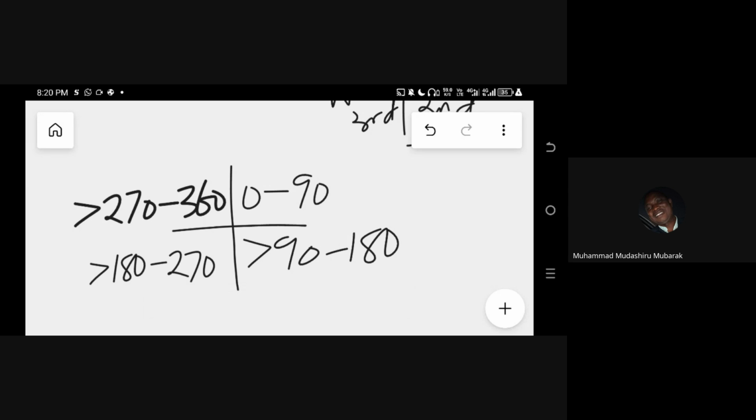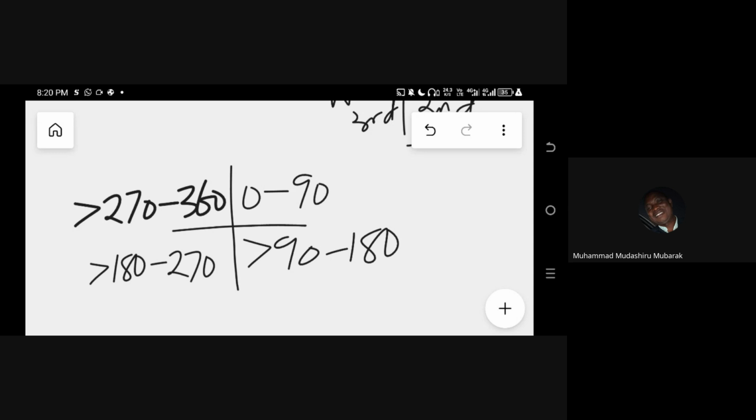So let's see, before we quickly draw the lines and then end the class. First quadrant 0 to 90. Remember all of them only take 90, 90, 90, 90. So first quadrant, any angle between 0 to 90, put it in the first quadrant.